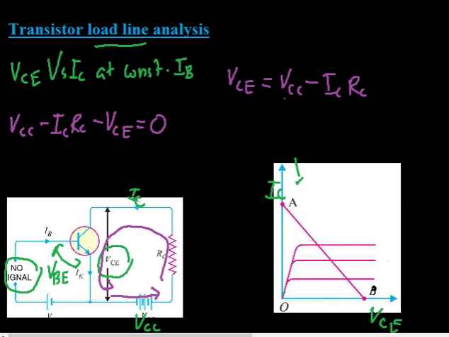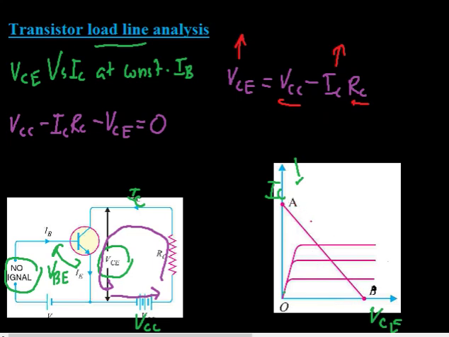Now for a particular circuit, this VCC and RC are fixed, so we will have a linear relation between VCE and IC. If we plot VCE versus IC, it will be a straight line with negative slope, and that is represented by the line AC in this diagram.